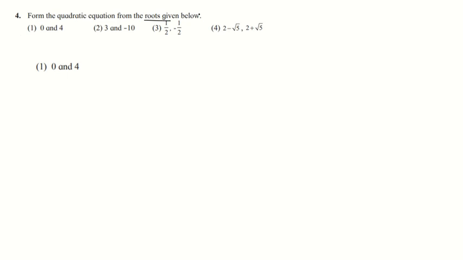Let's remember a few formulas for such cases, where we have the roots given and we have to find the quadratic equation. The roots we will take as alpha and beta.